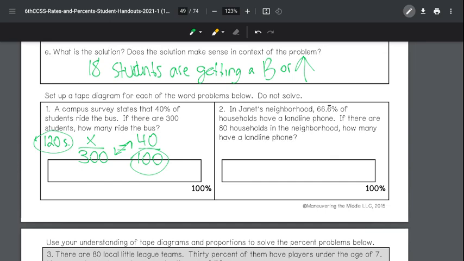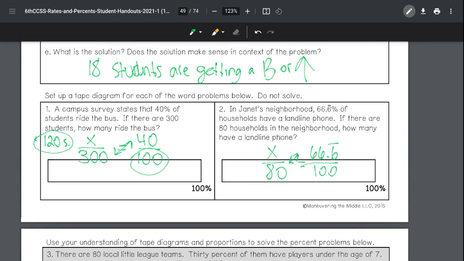In Janet's neighborhood, 66.6 repeating percent of the households have a landline phone. If there are 80 households in the neighborhood, how many have a landline phone? So how many houses out of 80 houses in the neighborhood? Well, 66.6 repeating percent over 100%.